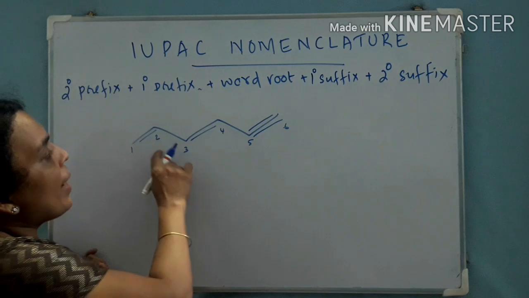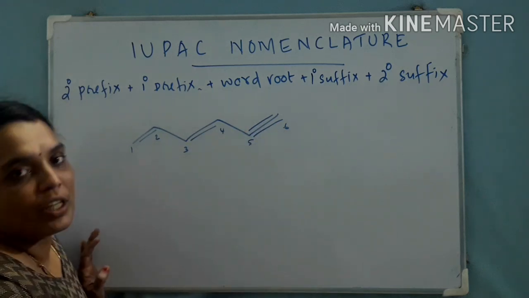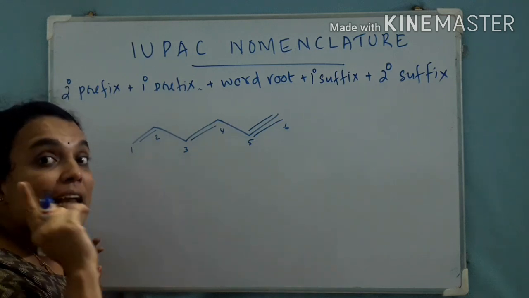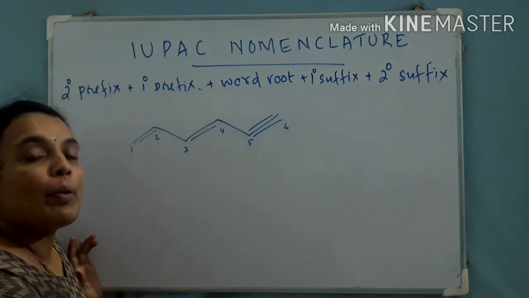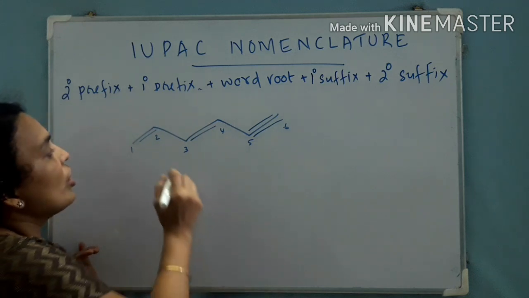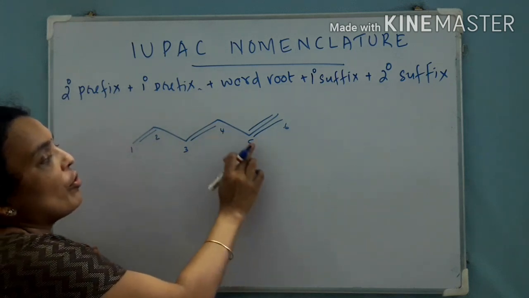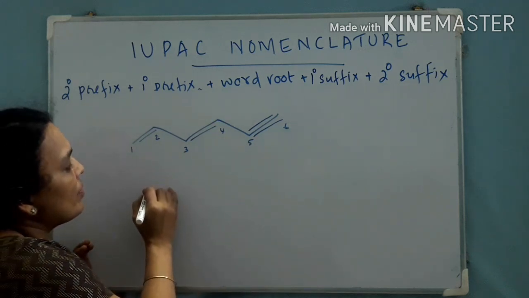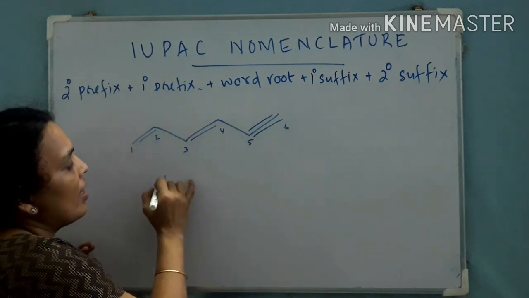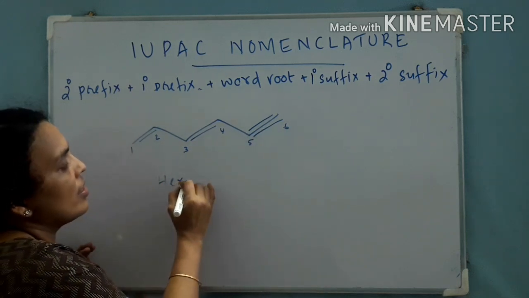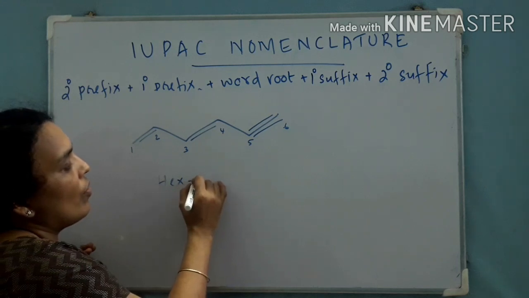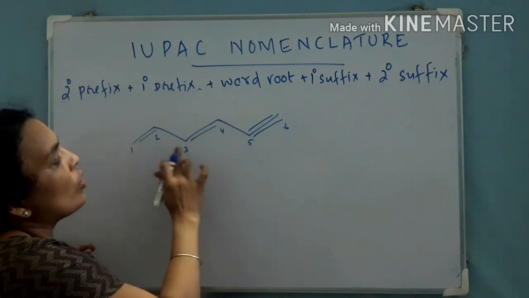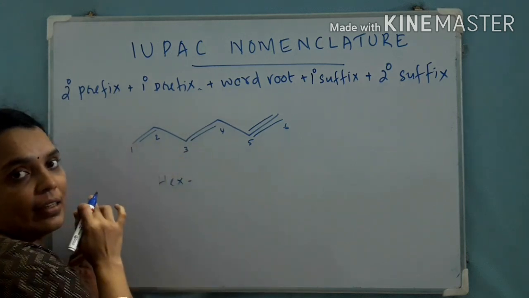In this case, a double bond is there as well as a triple bond. So who will get the priority? Remember, always the double bond should get the priority. The double bond should get the least number. So the name becomes, numbering 1, 2, 3, 4, 5, 6 in this way, hex. Hex 1, 3 diene.